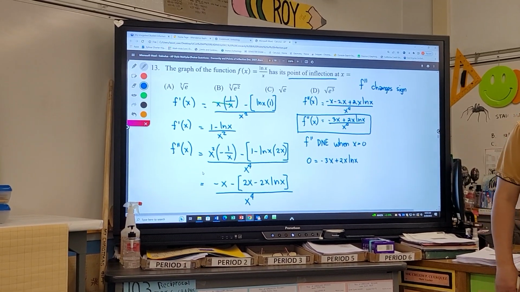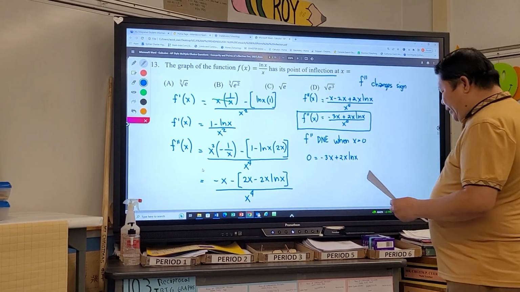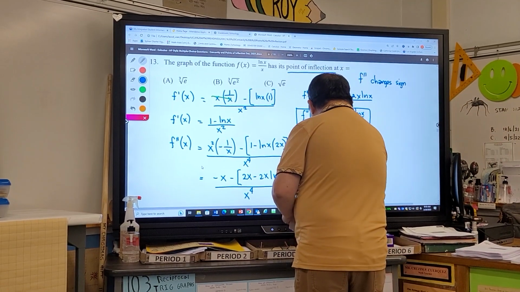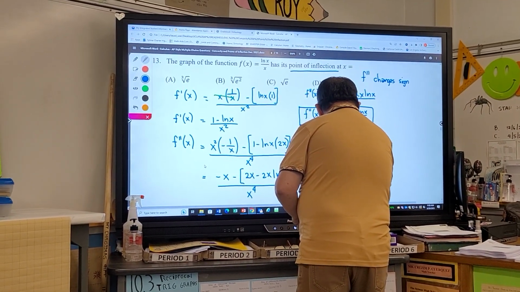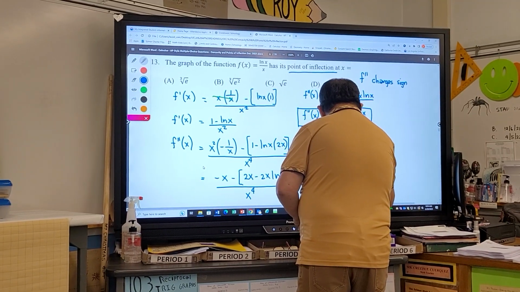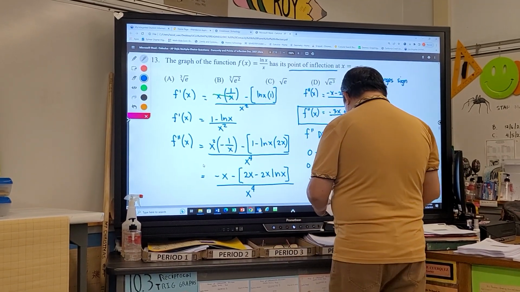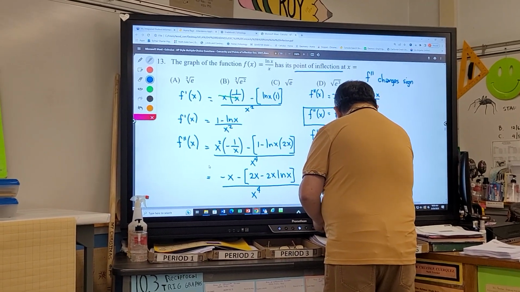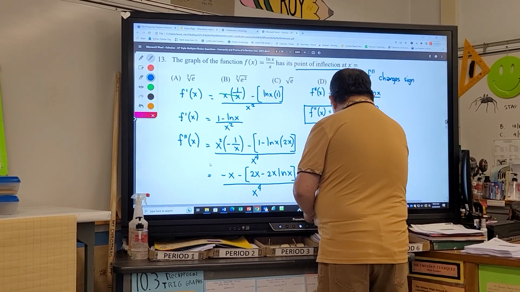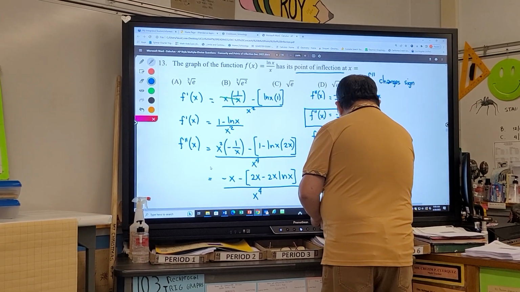We can factor out the x. So we have x times negative 3 plus 2 ln x, over x to the power of 4.